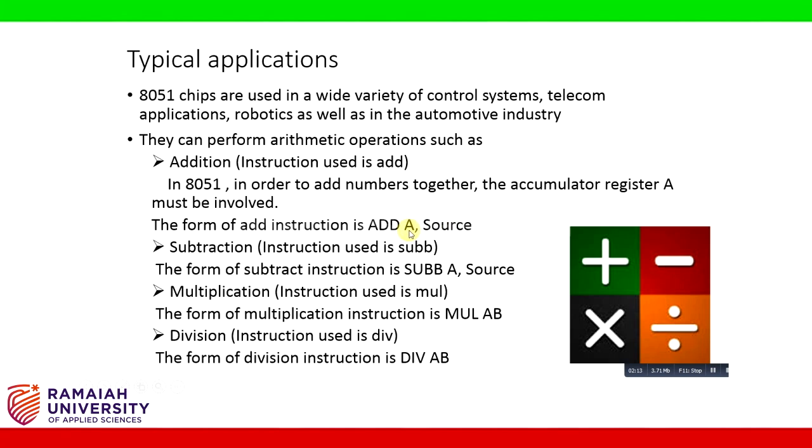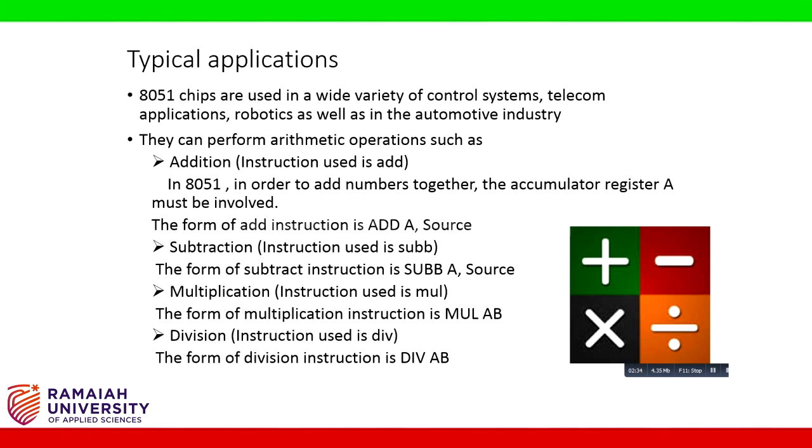In order to subtract two numbers, we use the subtraction operation. The instruction used for subtraction is SUBB A, source, where SUBB represents subtraction with borrow. There is no plain subtraction operation in the microcontroller.